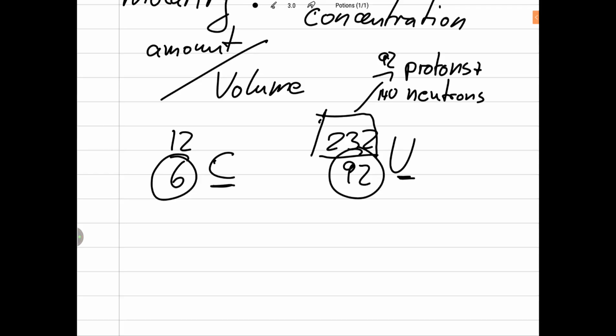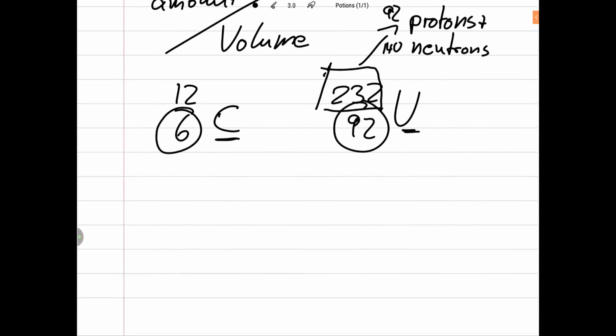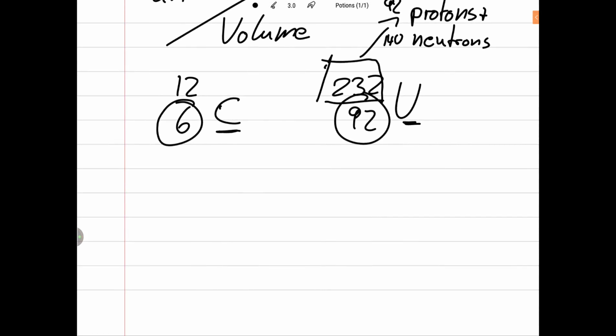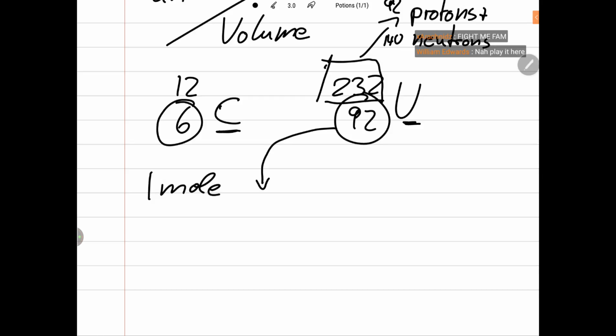But this number also tells us a little bit more. It tells us that 1 mole of this isotope of uranium-232 weighs exactly 232 grams. Okay?